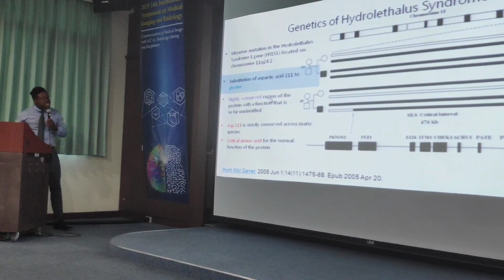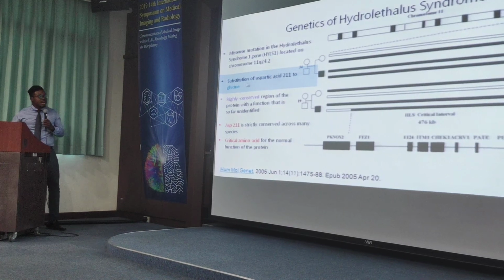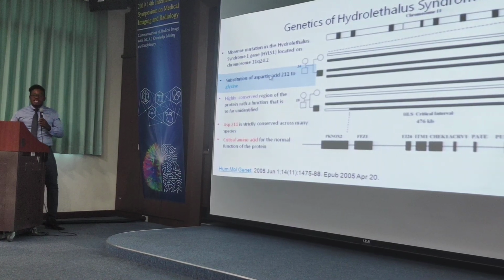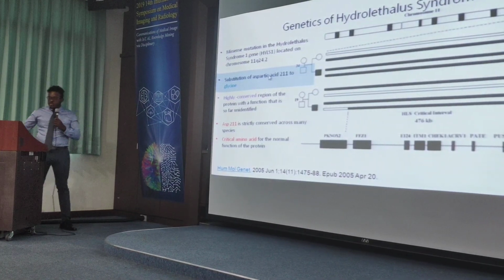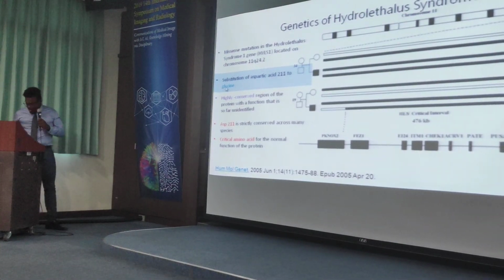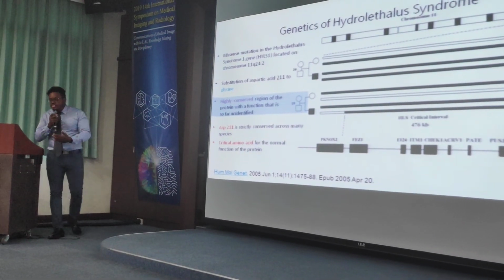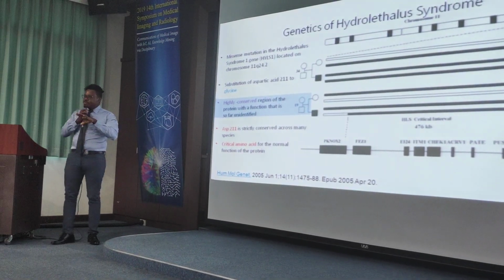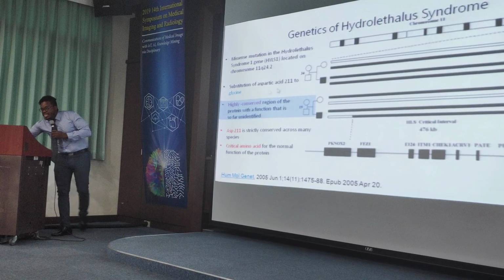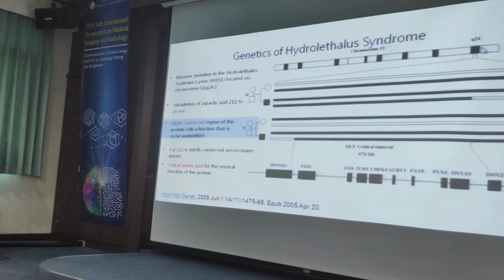We know aspartic acid is a negatively charged amino acid, and glycine is a neutral amino acid. So we consider it non-conservative. But interestingly, this mutation takes place in a region on the DNA that is highly conserved across species.